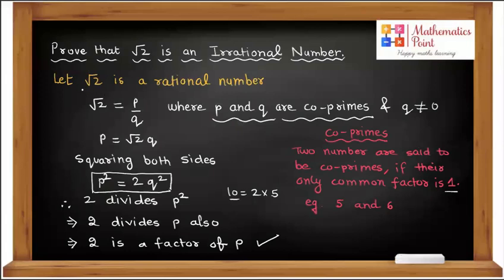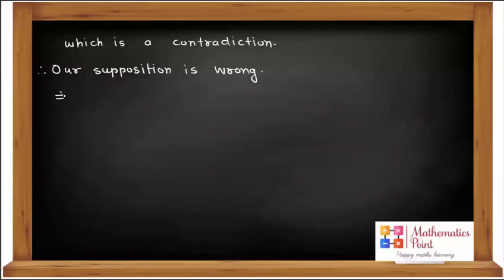We supposed that root 2 is a rational number. It means we were wrong. It means root 2 is an irrational number. Hence, proved.